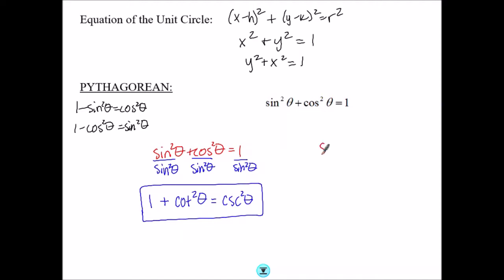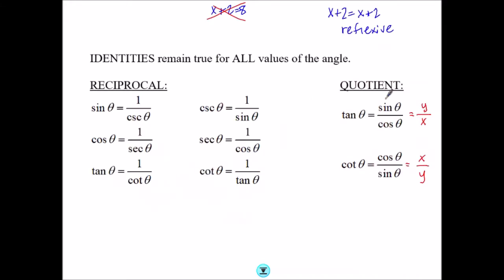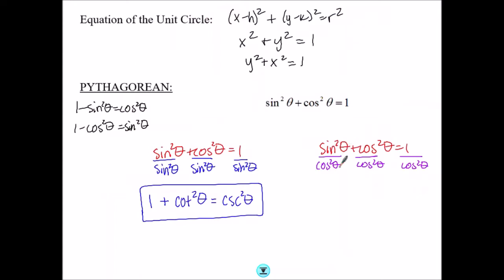Similarly, if I take our first identity and I divide everything by cosine squared theta, I get another Pythagorean identity. We know from our quotient identities that sine theta over cosine theta is tangent of theta.